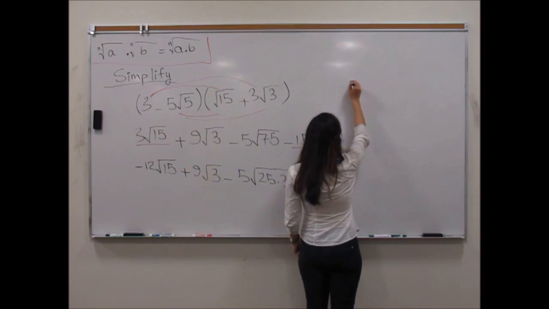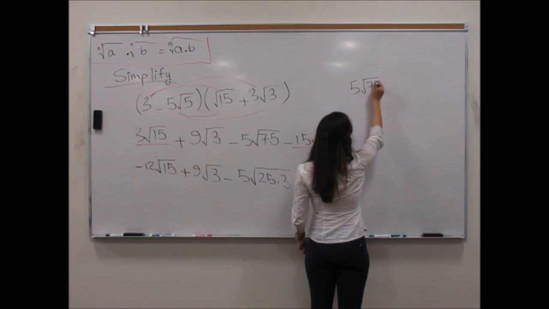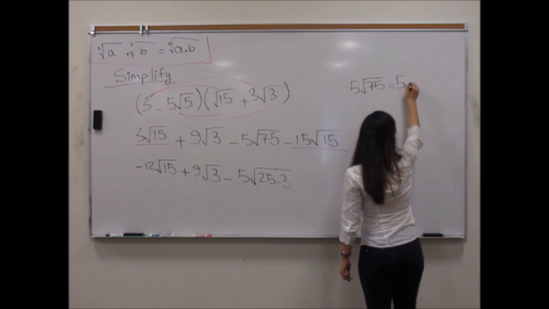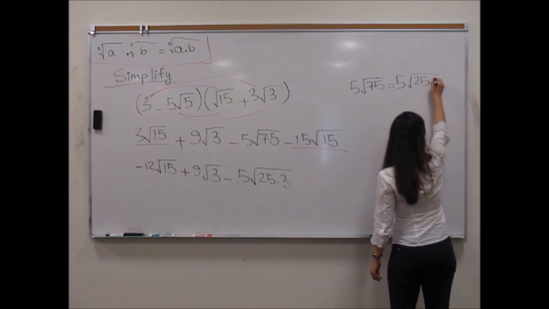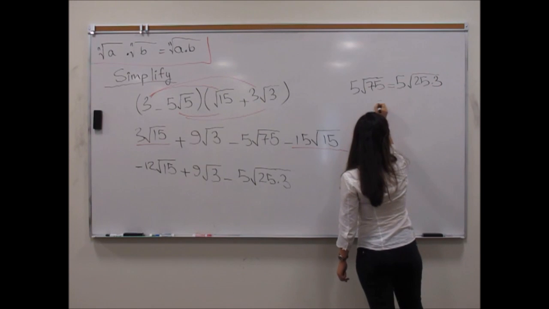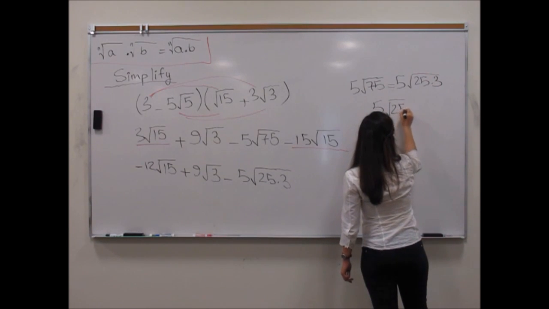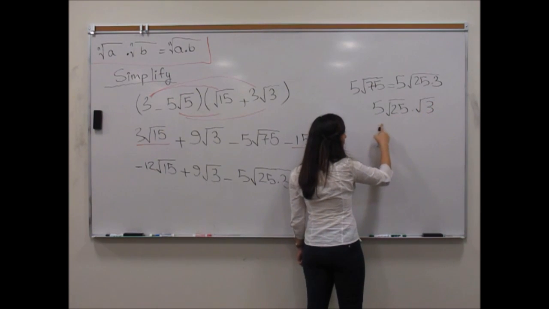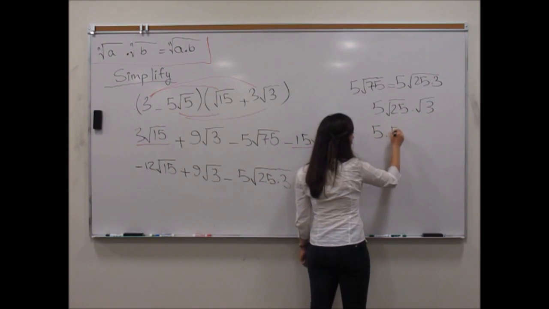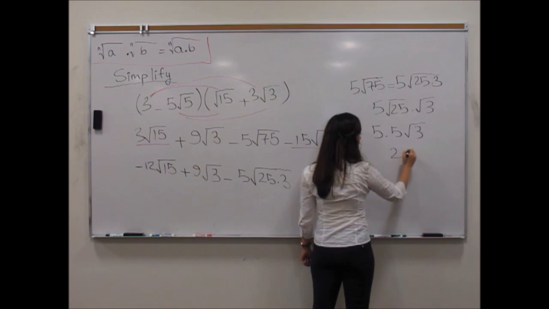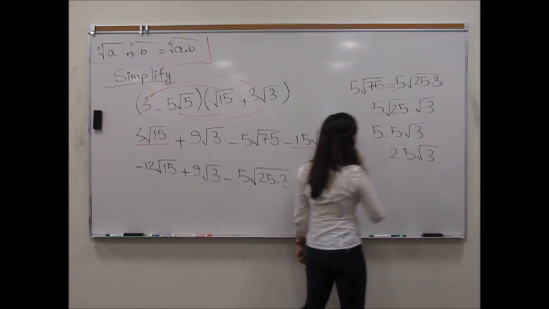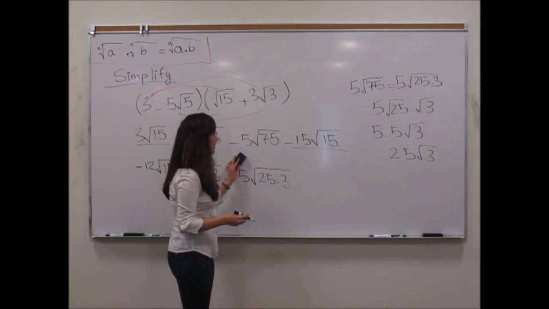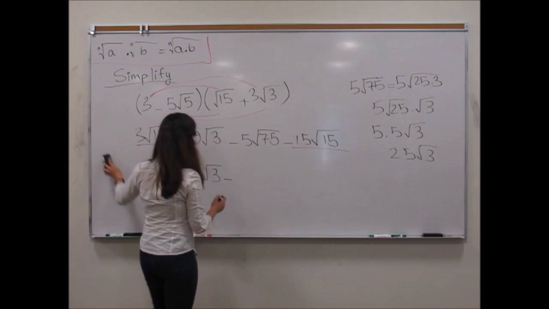So 5 rad 75 is 5 times rad 25 times 3, and that's like 5 times rad 25 times rad 3, and then this one gives me 5 times 5 rad 3, so this is 25 rad 3. So yeah, instead of 5 rad 75, I can write 25 rad 3.